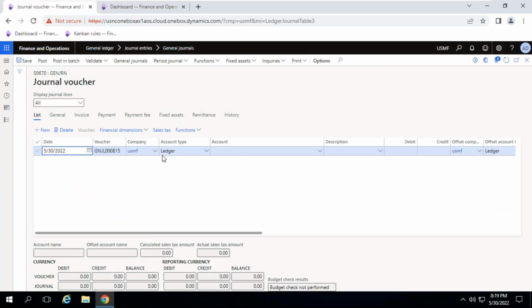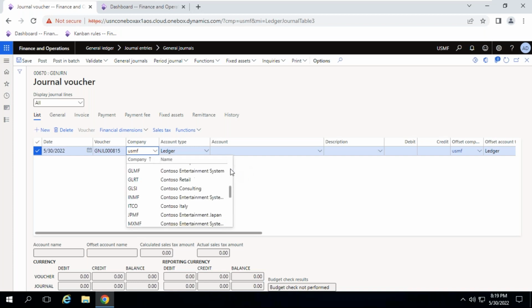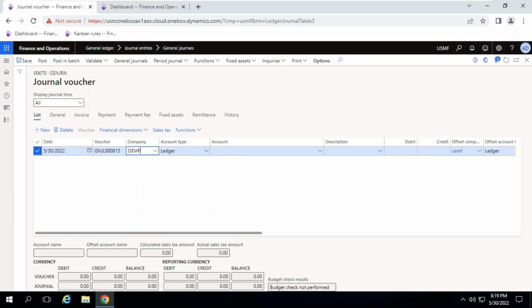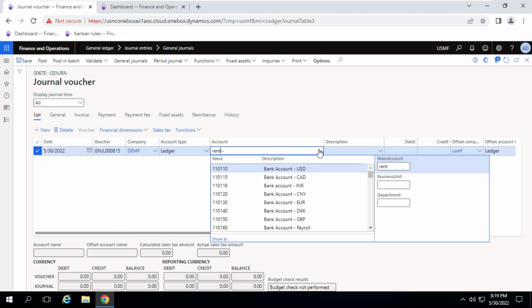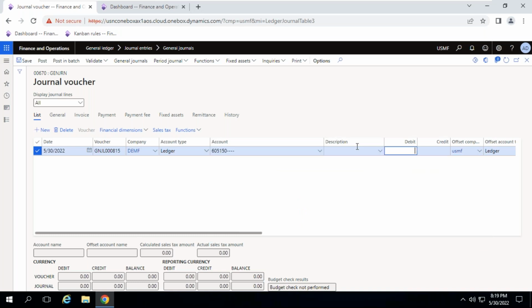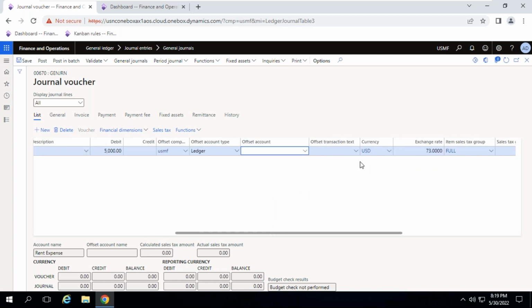So here I'm paying rent for the DMF company. DMF company, here rent expenses, suppose $5,000, paying by 110180.